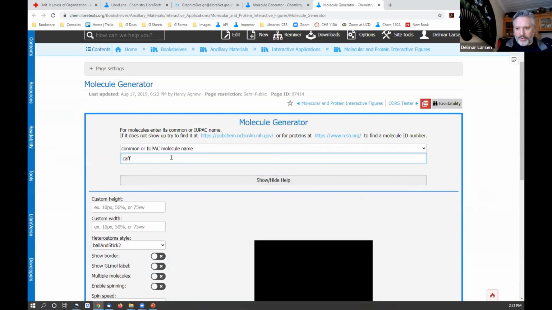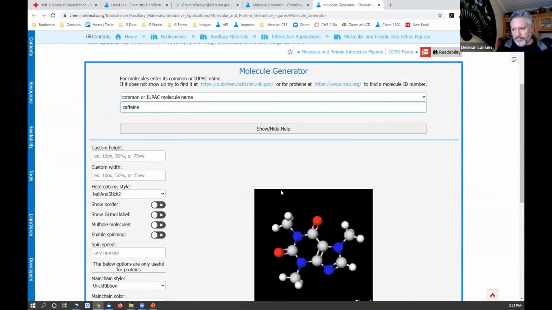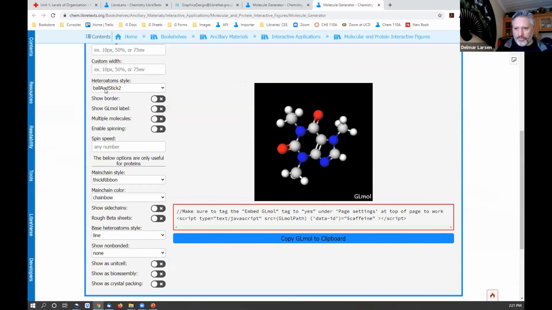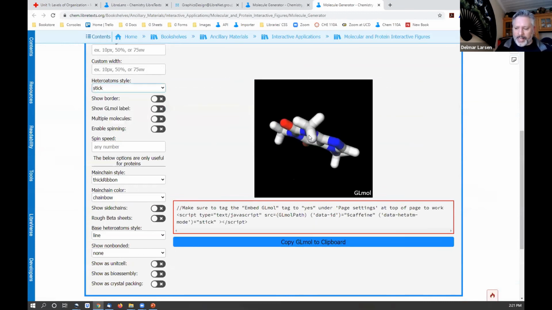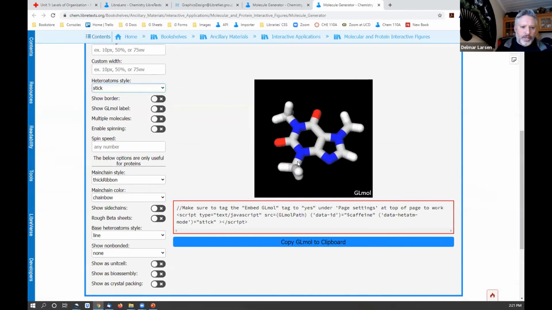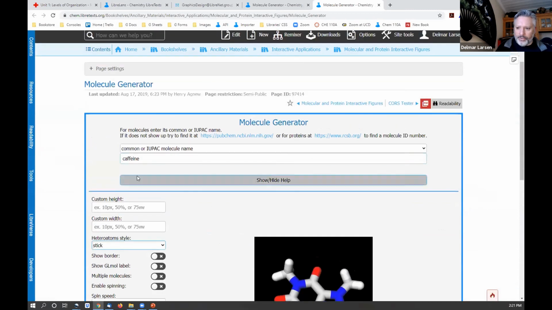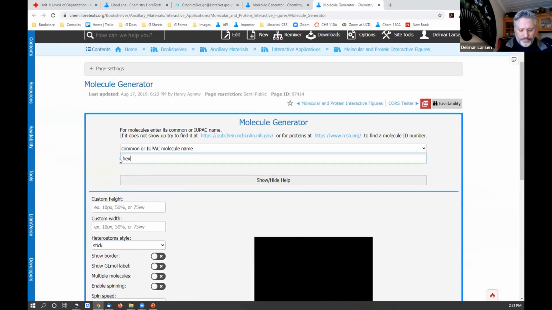So, for example, if you do caffeine, which I always misspell for some reason or another, it pulls it down, and then you can start to visualize it in different ways. That's if you want to make it dynamic, but you can just as easily use this as a mechanism to make a static image that you can pop in there, and use. What did I come up with? Was it hexatriene? Right, yes.